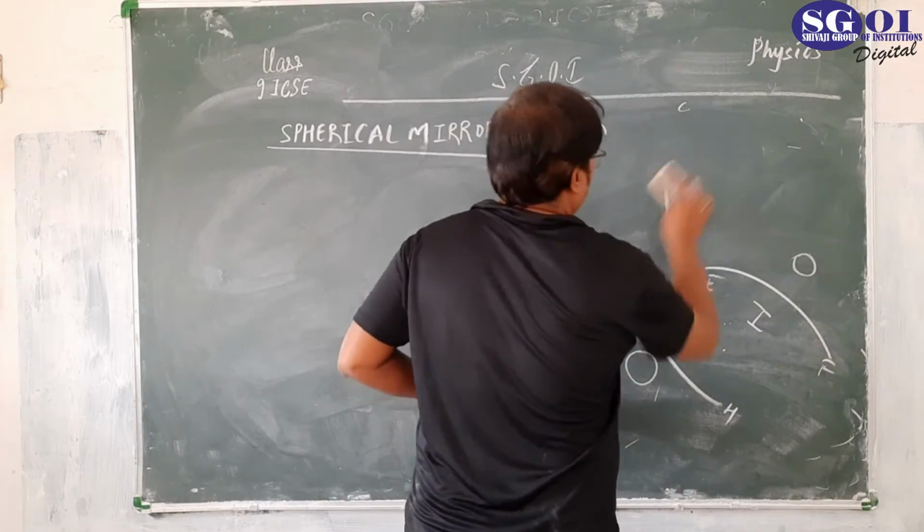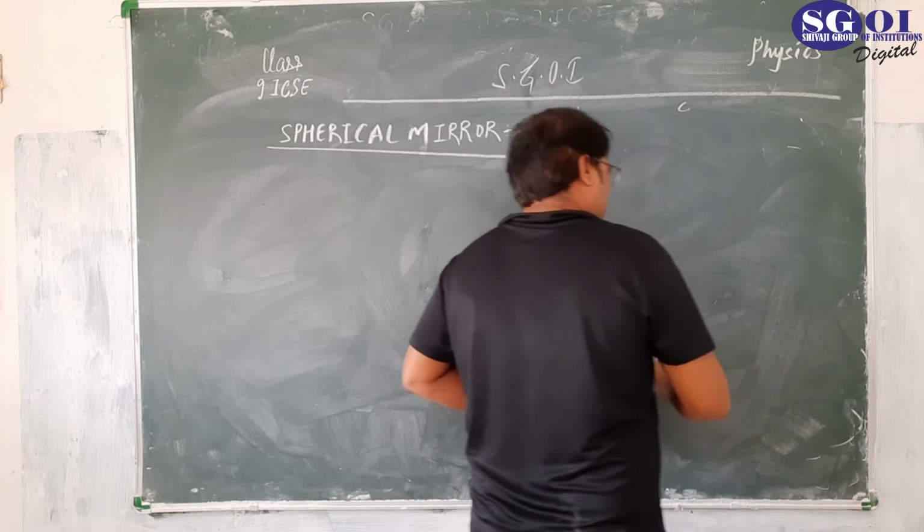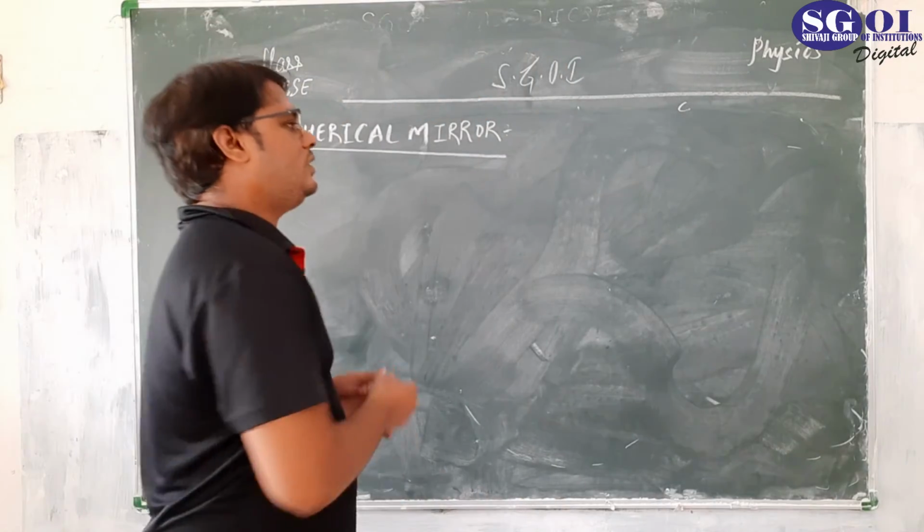To make a mirror, you have to polish a transparent glass surface on one side. Sides available are inner or outer.